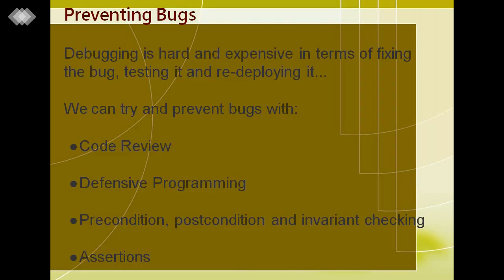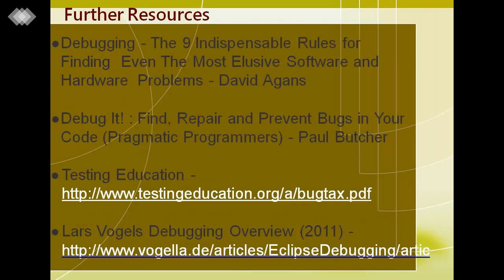These are the different steps in which you can prevent bugs. Now next are further resources: Debugging, the 9 Indispensable Rules for finding even the most elusive software and hardware problems, by David Agans.